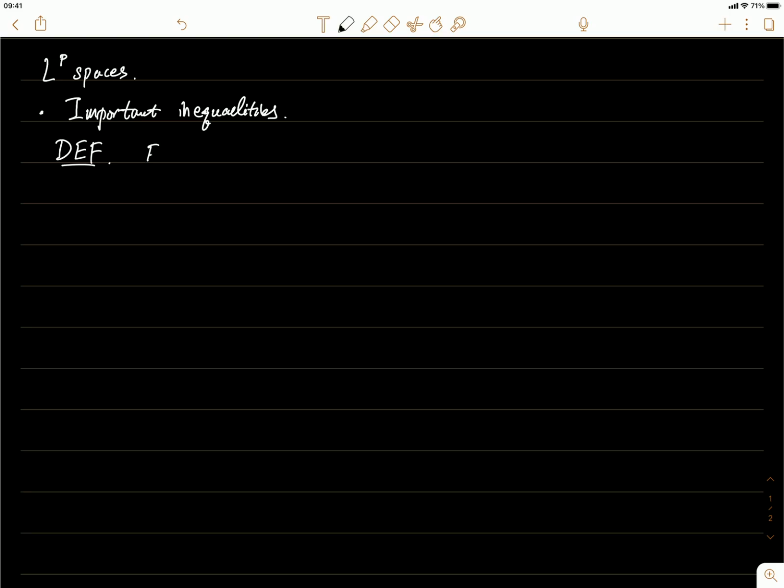Suppose we have a measurable set E, and let's say p is a positive number that could be infinity. Then the LP norm of the function f on E is given as follows.